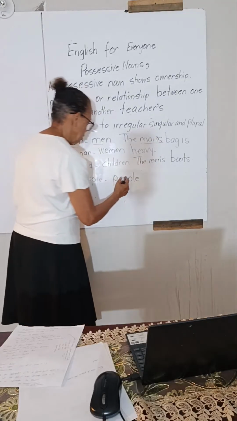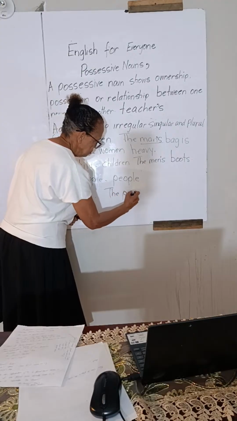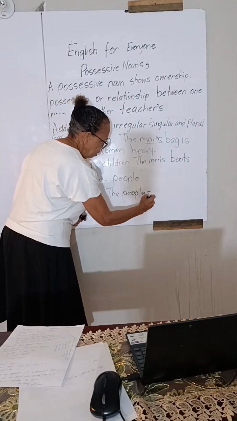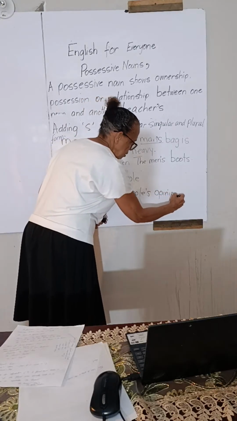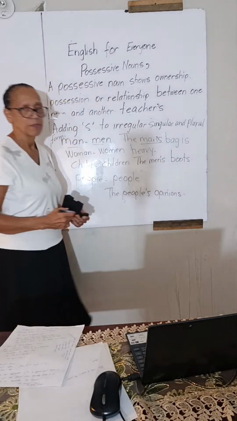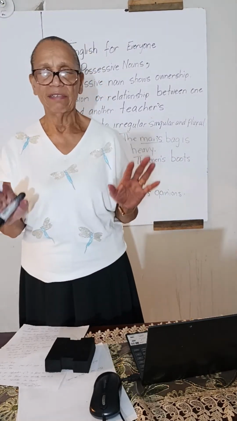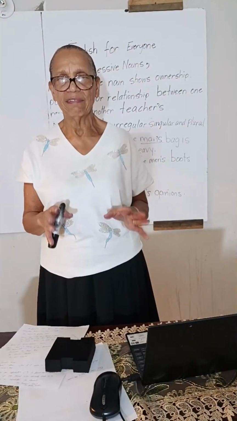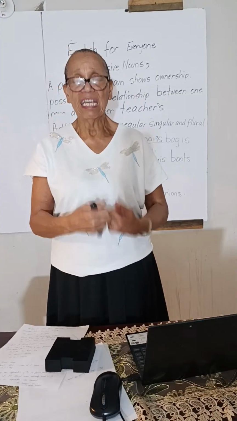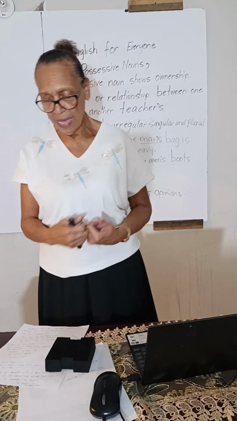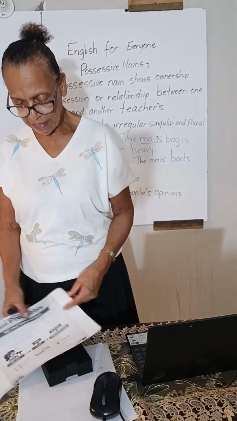The people's opinion, or opinions. So those words will normally not end with S. They don't have S. But if you want to show them in the possessive form, you have to add the apostrophe on the inside.